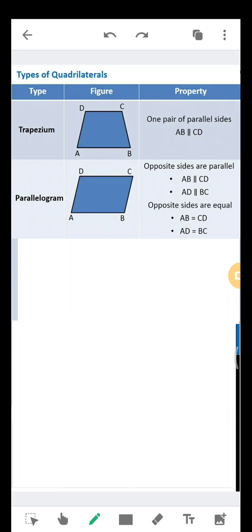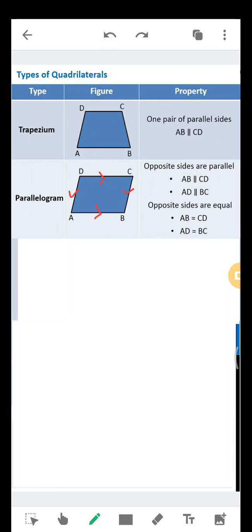Then next is parallelogram. What is a parallelogram? A quadrilateral in which opposite sides are parallel. Here AB is parallel to CD and AD is parallel to BC. You can see that, and opposite sides are also equal in this. We can say AB equals CD and AD equals BC.